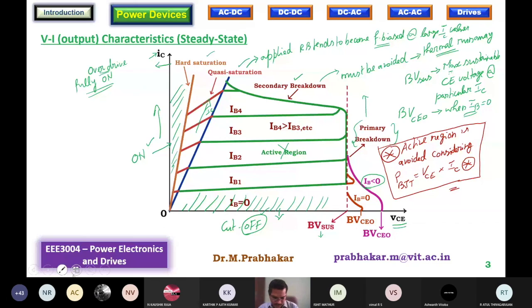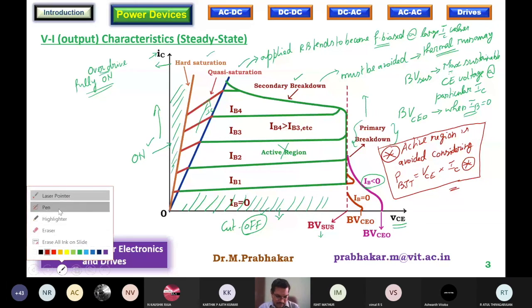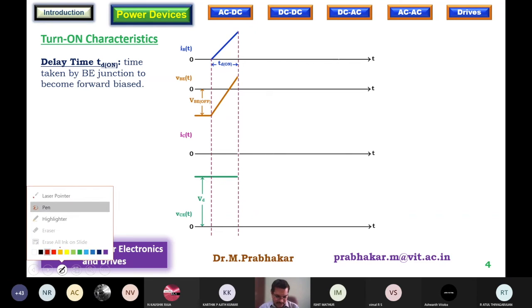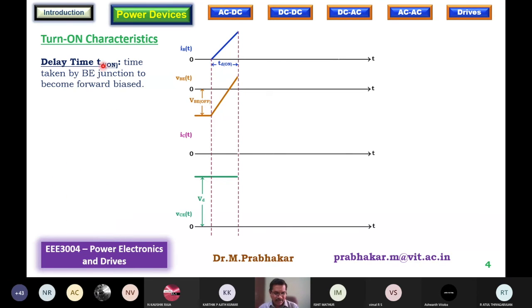I have indicated them. They are as follows. We are now discussing the turn on characteristics. I'm not writing anything because I have written the points over here. First and foremost thing that you need to understand is that BJT is a controllable device.